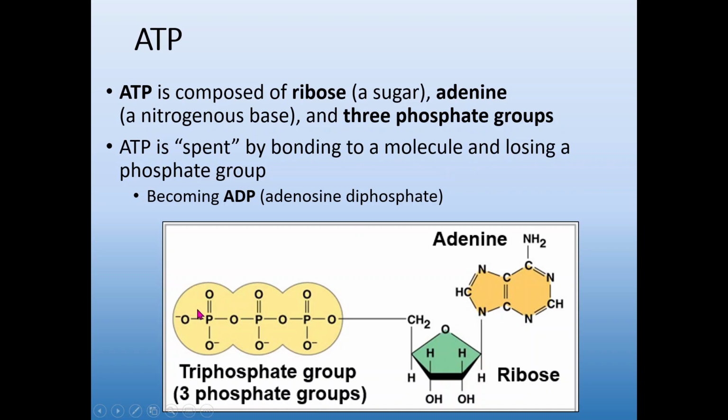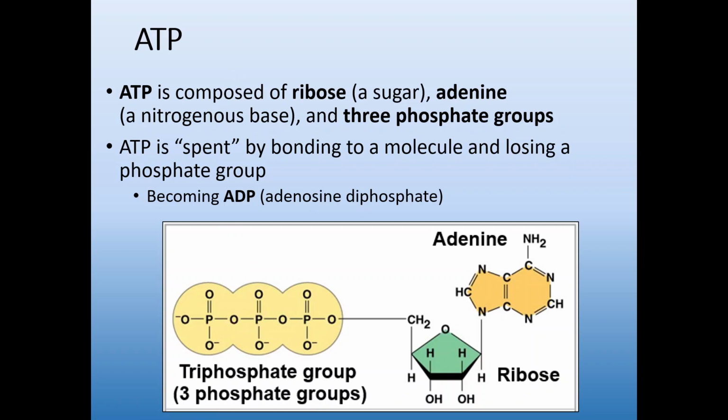One of these phosphates detaches. So we're breaking a bond and it's releasing energy from that bond that can then be used. The final molecule, once it's lost that phosphate, has become ADP, adenine diphosphate. So now it has di, 2, rather than the tri, 3.